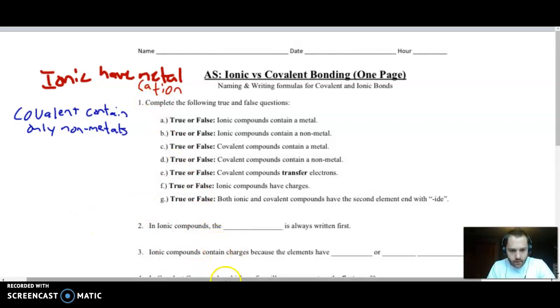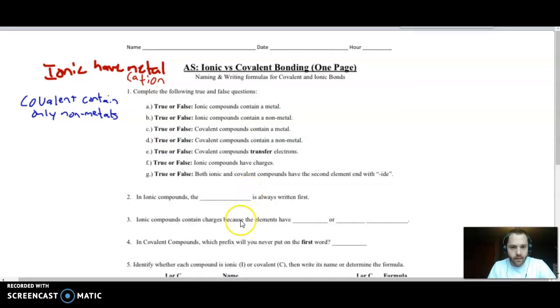So that's the easiest thing to look for as we're doing any of this.